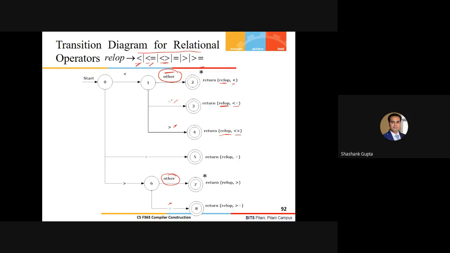But here the definitions are different, and each and every transition diagram is different. Fine. If this is not clear yet, it will get clear very shortly when we talk about some other things with respect to the issues in the implementation of the transition diagrams.